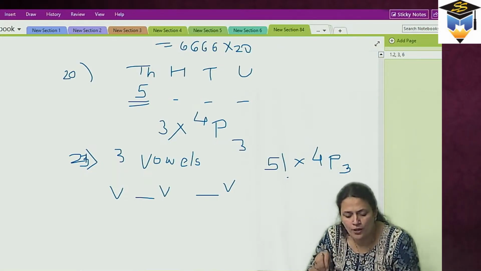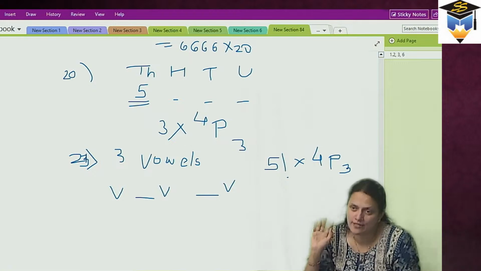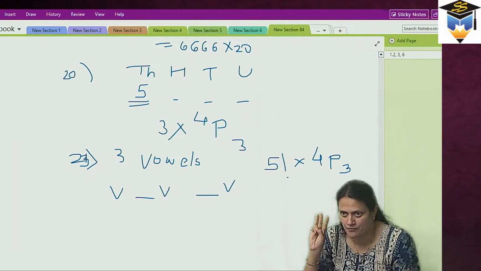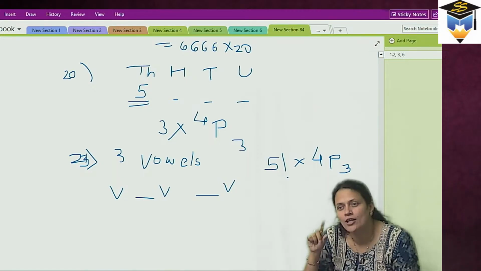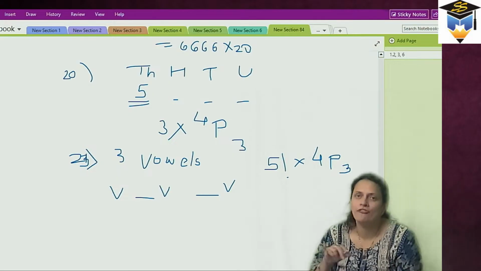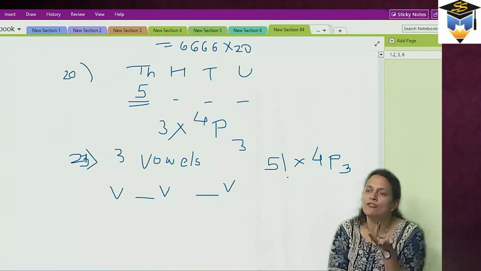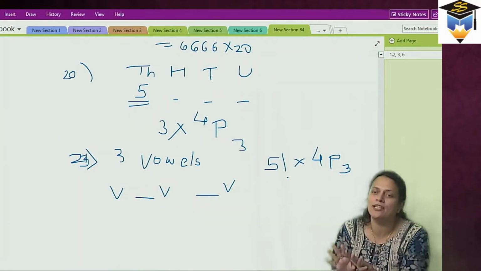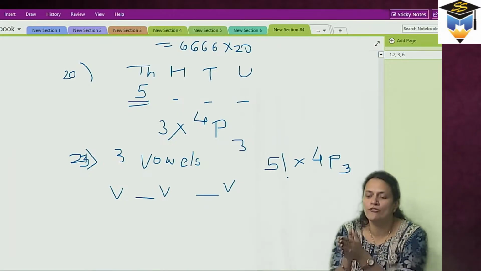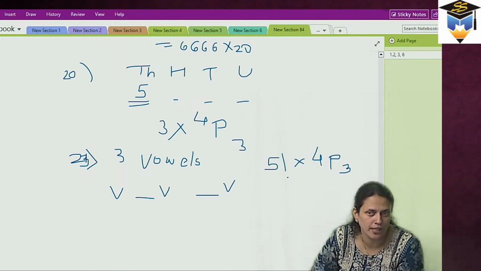Now we have to form a word such that the odd places are occupied by vowels. Okay. So it can be done. So 3 vowels are there. So out of 4, you have to choose 3. And here we are using the principle of multiplication. Why? Because both have to be done simultaneously. म्हणून we are using the principle of multiplication.